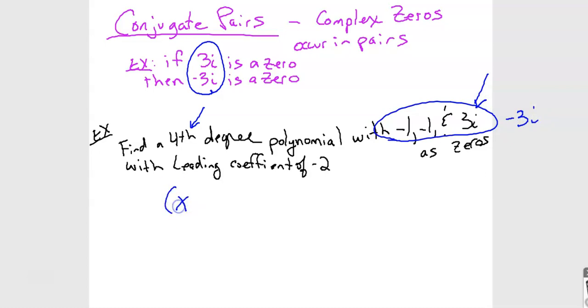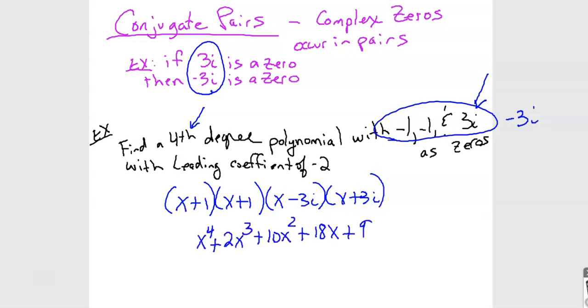So x - 1 is a 0. That means x plus 1, x plus 1. These are all factors. And then x minus 3i and x plus 3i. And then all you have to do is FOIL that out. Notice we had multiplied all that out. And then notice the only thing that we haven't done yet is that. And so we just need to make sure the leading coefficient is -2.